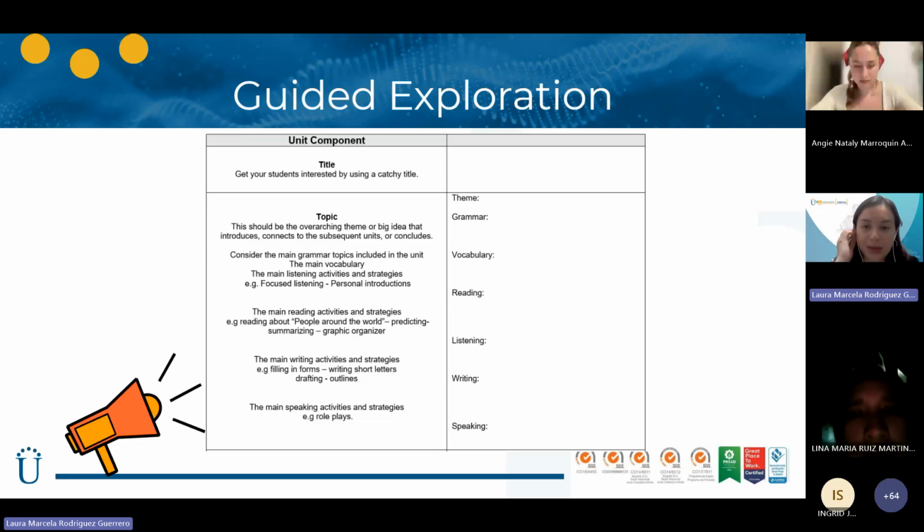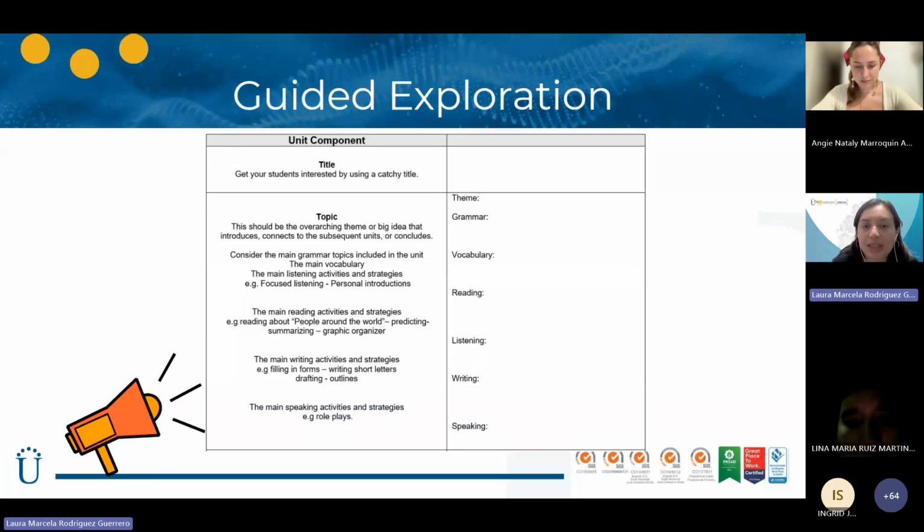So it will be like a big theme. For example, the one that we saw in the example, describing your family. Just an example. But the idea is that this topic is different from the title. Try to be creative with that.